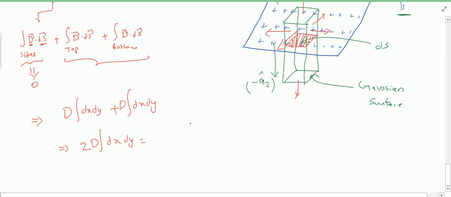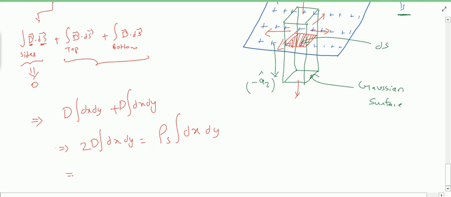So how much charge is enclosed in this whole area? It can be written as rho s integral, because rho s is a uniformly distributed charge here, so rho s can come out of the integration, and dS can be written as dx dy. I will write the unit vector later, because we know that for the upper part it will be az cap, and for the bottom part it will be minus az cap.